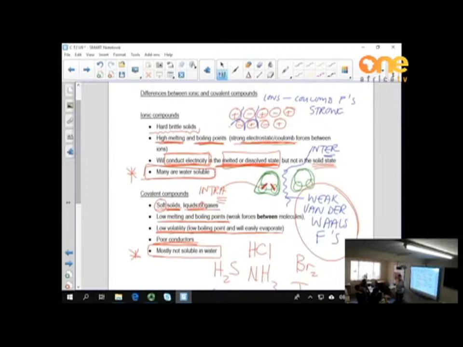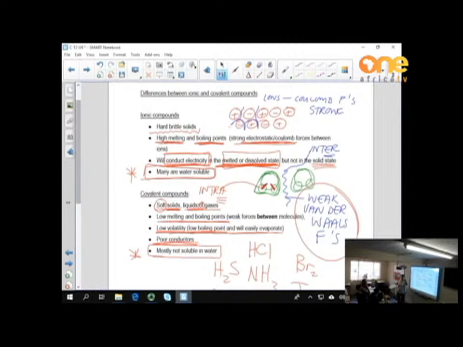Does that make sense? Let's say I've got a liquid, and the forces between the liquid particles are very strong, and I'm trying to make a solid substance dissolve in it. If the forces in the solid substance are not strong as well, they can't move in between each other. All right, so like dissolves like, there are a couple of exceptions.